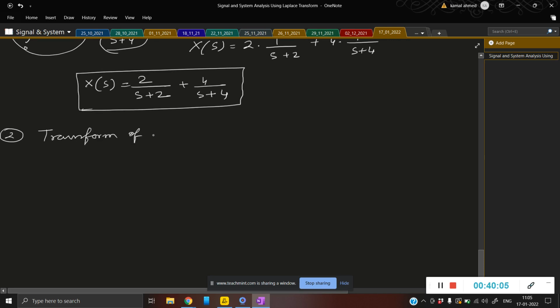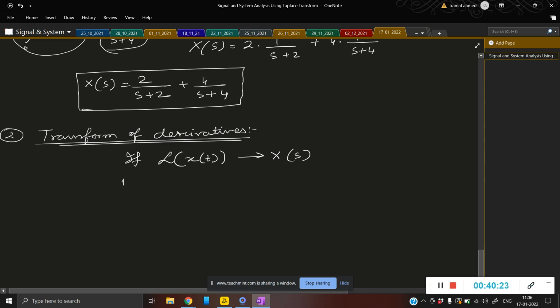Transform of derivatives, what does it say? If the Laplace transform of x of t is denoted by X of s, then L of d/dt of x of t equal to s X(s) minus x of 0, that is the negative part.